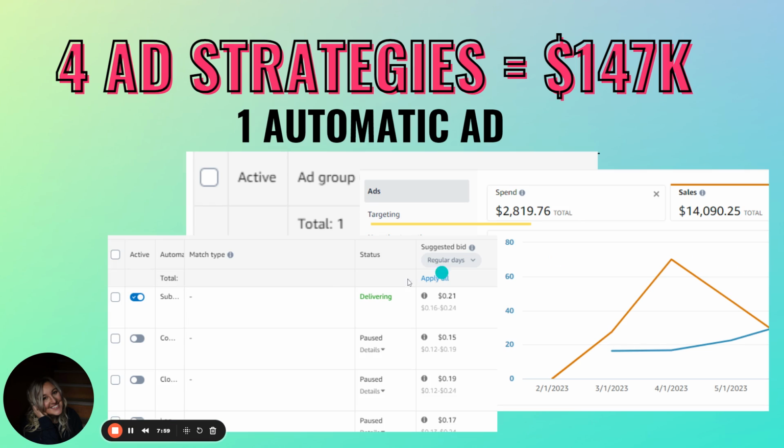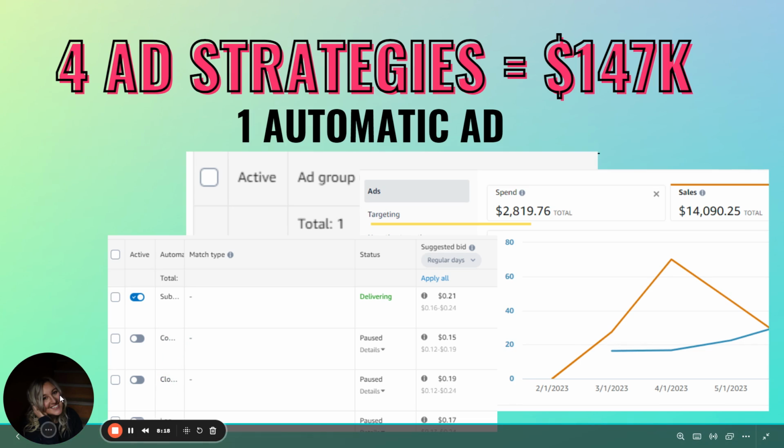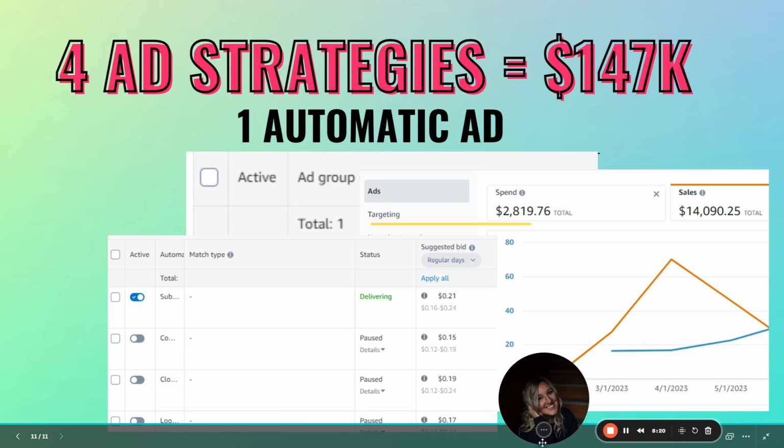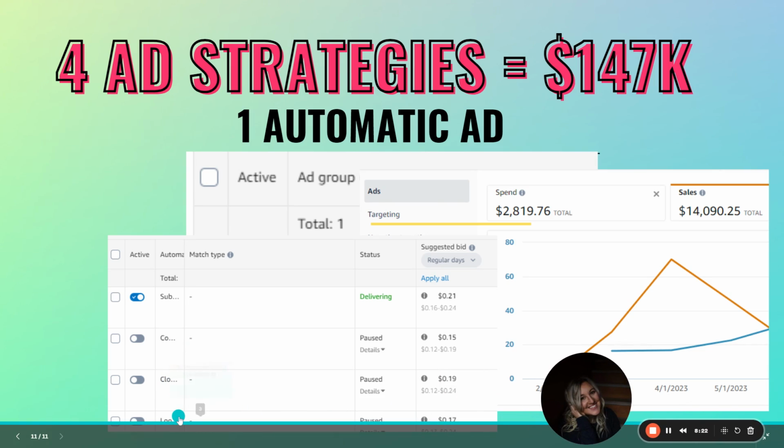Okay, so when you open up your targeting, you can see this is my ad. We're only focused on substitute matching. That's all we're doing for this campaign. Now, the other campaigns, as I went through 1 through 4, you're going to see that the complement would be turned on, or the close match would be turned on, or at the bottom of my screen, the loose match would be turned on.